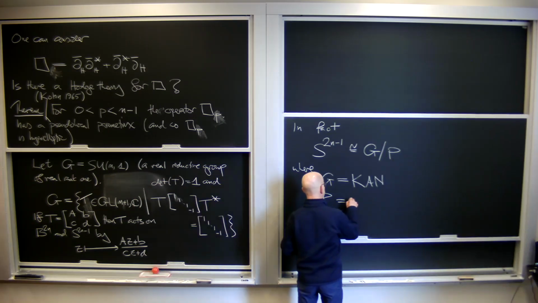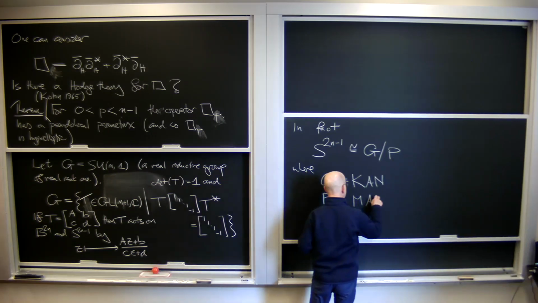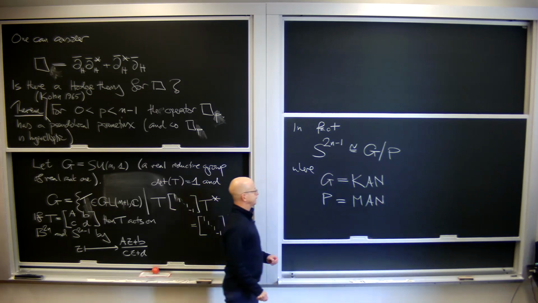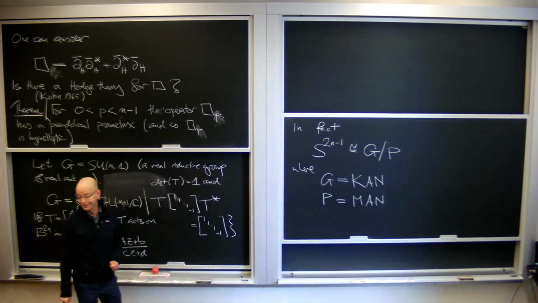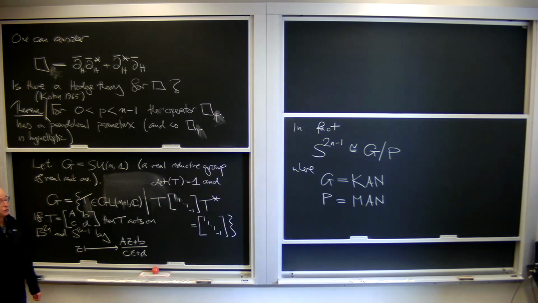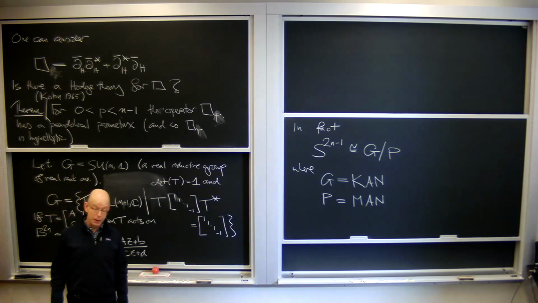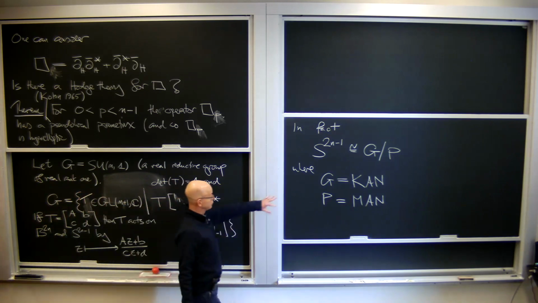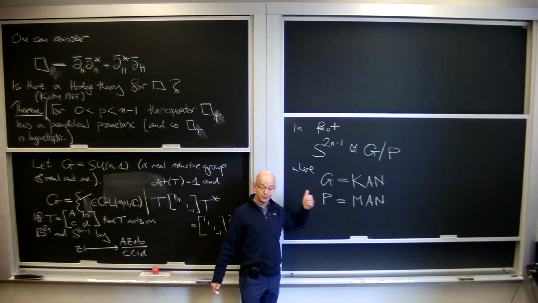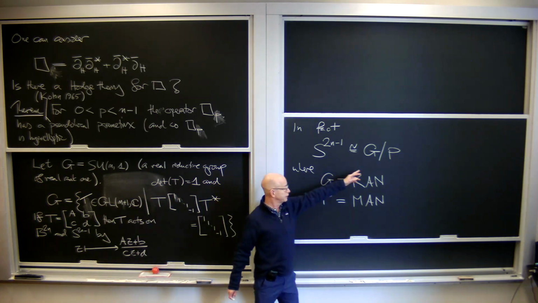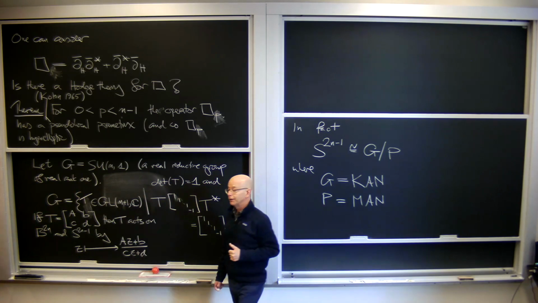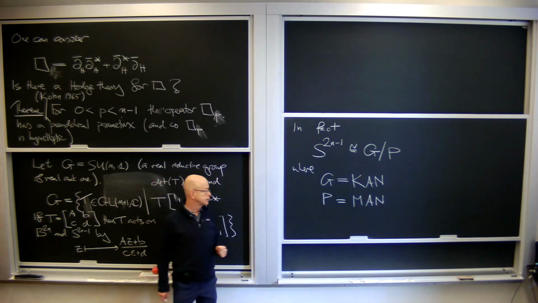Anyway, P was the corresponding parabolic subgroup, some M, A, N, like that. And it's a fun exercise to see that G mod P is a sphere. So maybe that makes what we were doing before a little more concrete. Those principal series representations that we were talking about, in this particular case, are functions or sections of vector bundles over this particular odd sphere. Okay.